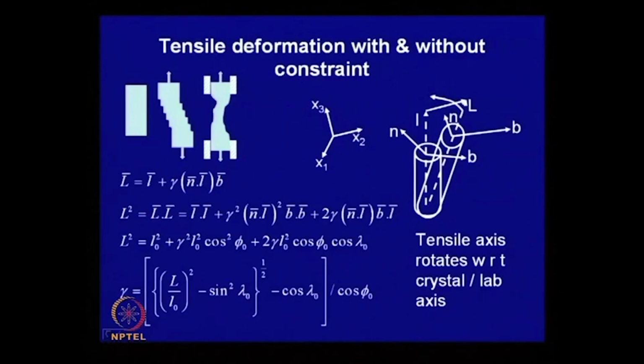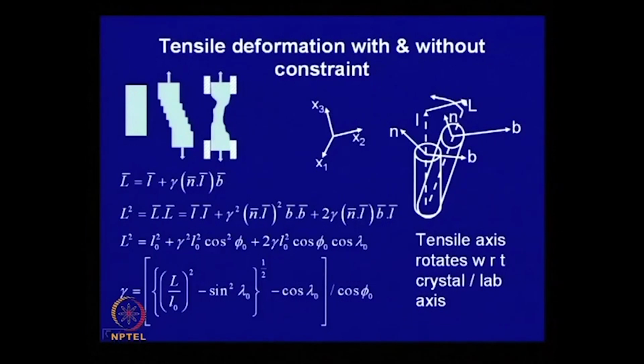Now, let us try to find out, is it possible, can we find out the magnitude of tensile deformation with and without constraints, say. Now, how do you represent? Basically, as a result of slip or tensile deformation, this length direction changes. Here two things are happening: the magnitude is also changing and the direction of the tensile axis is also changing.